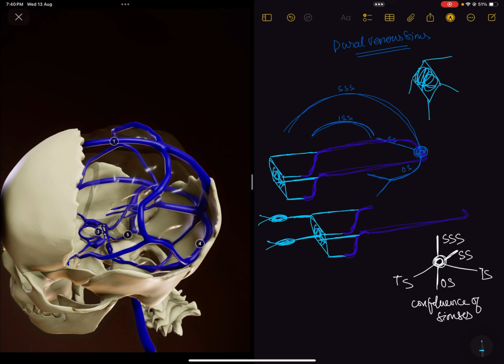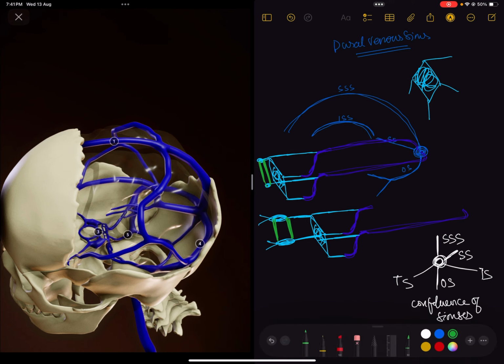This is the cavernous sinus. Similarly, in front there will be the cavernous sinus here. In the cavernous sinus there are also two intercavernous sinuses: anterior intercavernous sinus and posterior intercavernous sinus.